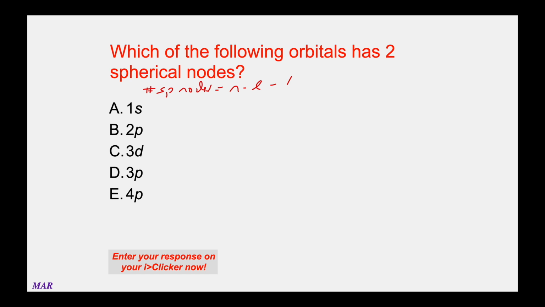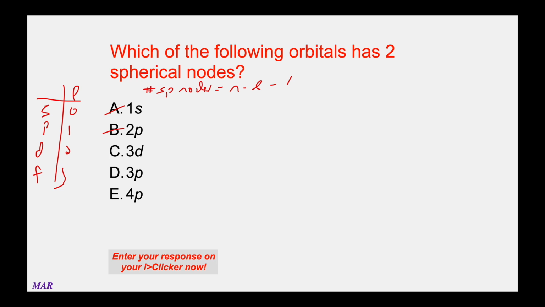So 1S would have n of 1, and remembering SPDF stands for L of 0, 1, 2, and 3. 1S would have L equals 0, so 1 minus 0 minus 1 would be 0. So it's not the first one. That's not going to fly. For B, n equals 2. P means L equals 1. So for that one, you would go n of 2 minus 1 minus 1. That's also 0. That's not going to fly.